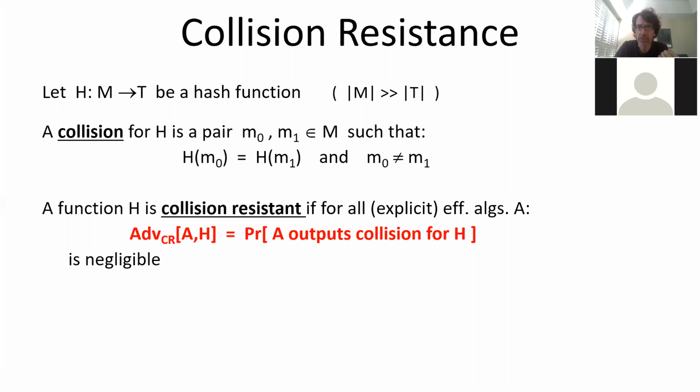So think of them, and how big are they? How complicated are they? Well, they have as many bits as the message space. So clearly they are linear in the description of this hash function, right? So there is an efficient algorithm that has these M0 and M1 built into it. And it just outputs those. And boom, it has a collision.